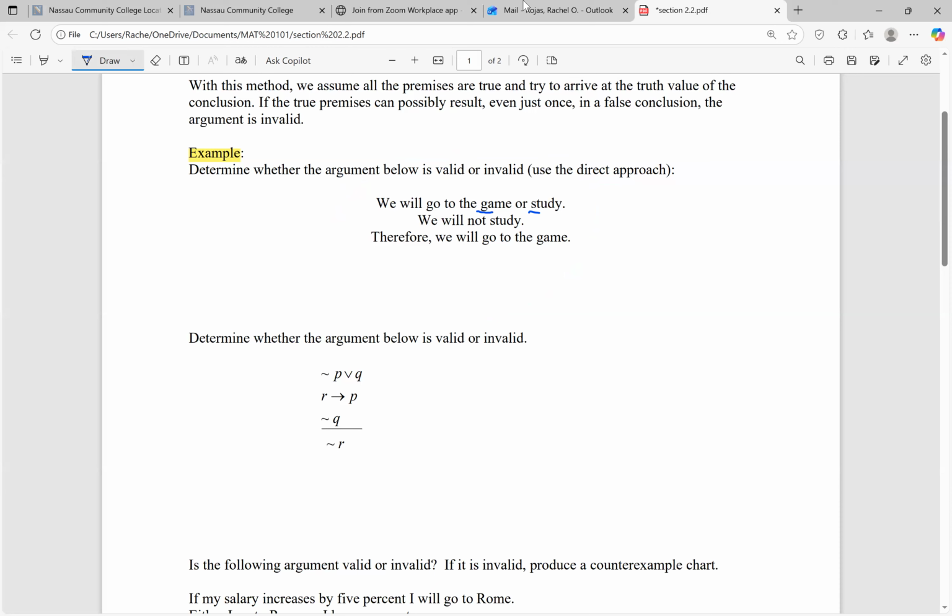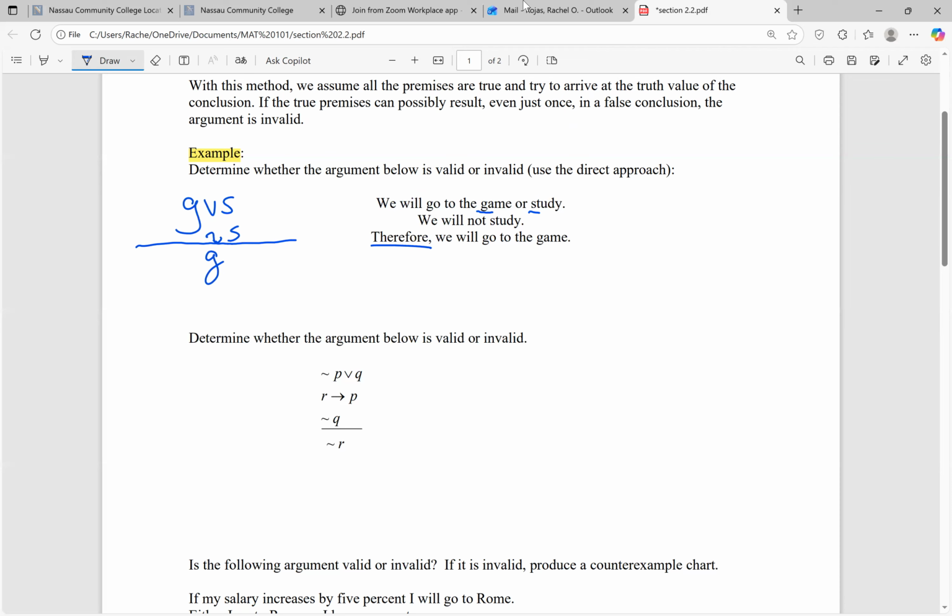The first premise is we will go to the game or study, so G or S. The second premise is we will not study, so not S. Therefore, that's the conclusion. So we're going to draw our line and now state the conclusion: we will go to the game, and that's G.